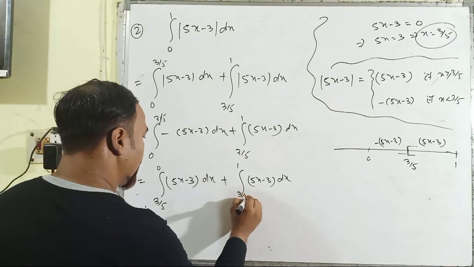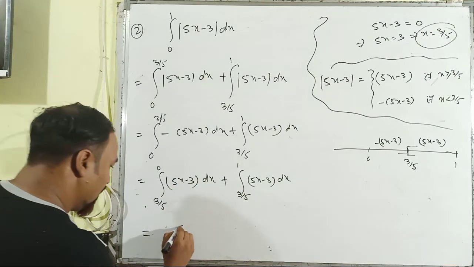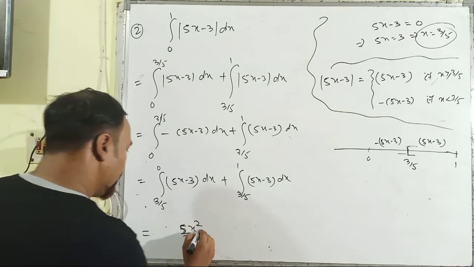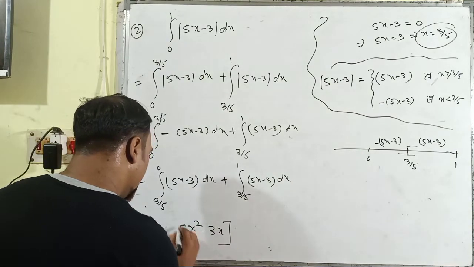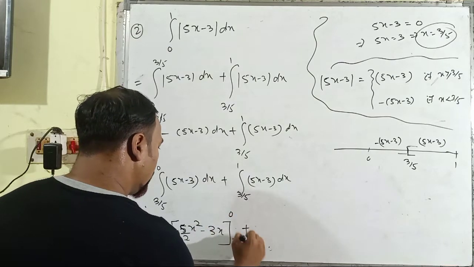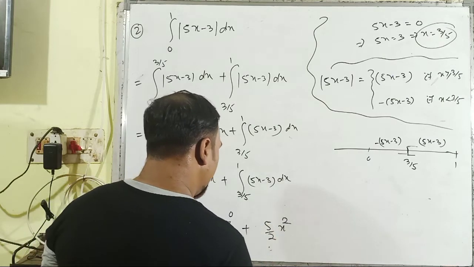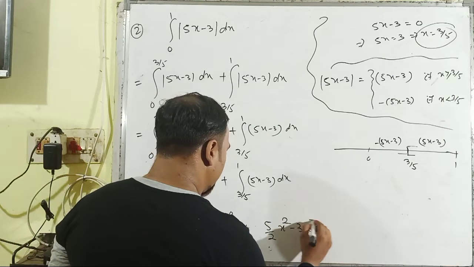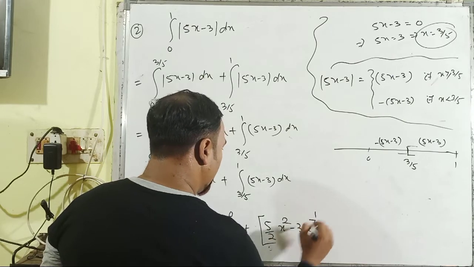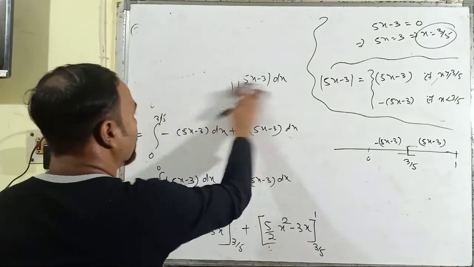Just integrating these functions, here we have 5 by 2 x square minus 3x from 3 by 5 to 0. Then again here it is 5 by 2 x square minus 3x from 3 by 5 to 1. Okay, let us solve it so that we can find the answer.